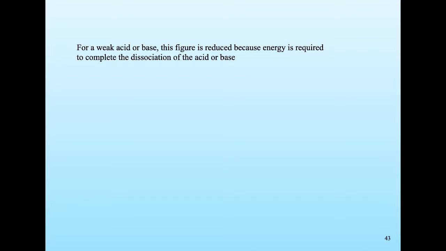Now, when you've got a weak acid or a weak base, the energy required to break the bonds in the weak acid or base can cause this figure to be less exothermic. So let's take this reaction: ethanoic acid and a strong alkali, could be sodium hydroxide or potassium hydroxide, producing ethanoate ions and water.